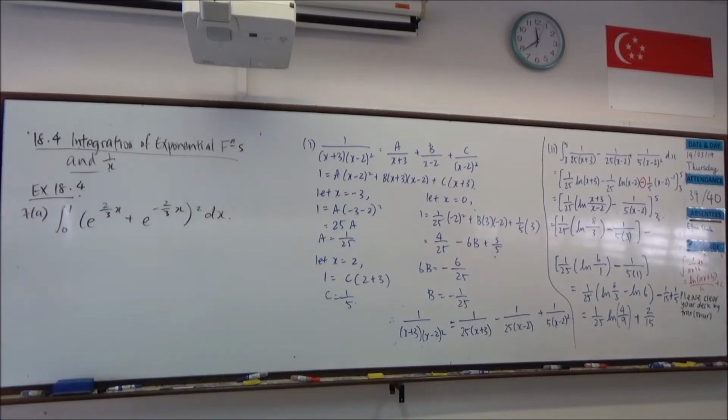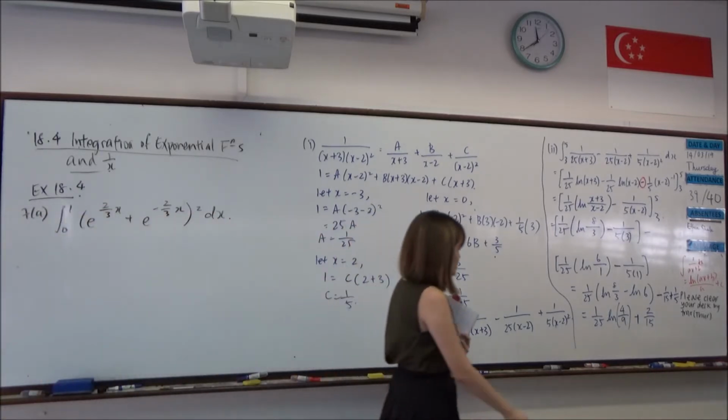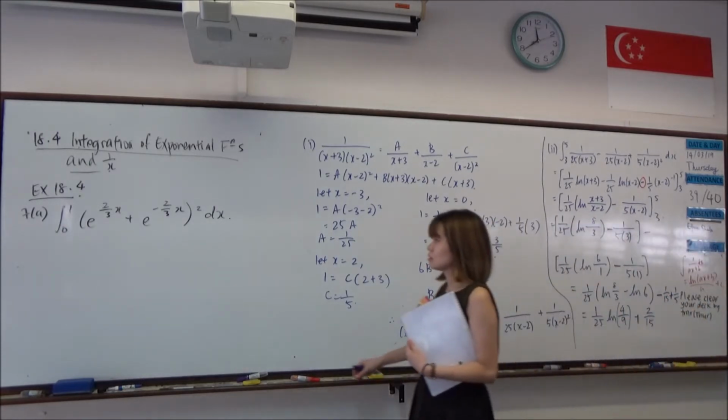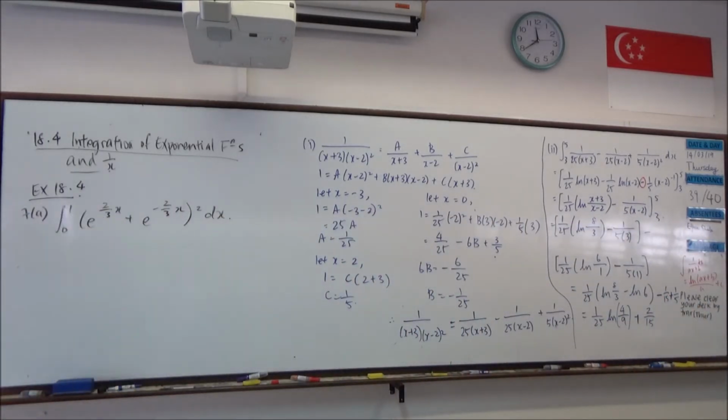Okay, if I want to integrate this exponential function, how should I go about doing it? How should I integrate this? e to the power of 2 over 3x plus e to the power of negative 2 over 3x. Then after that, everything in brackets squared. What would you do?